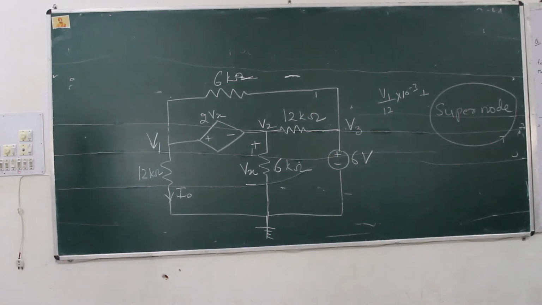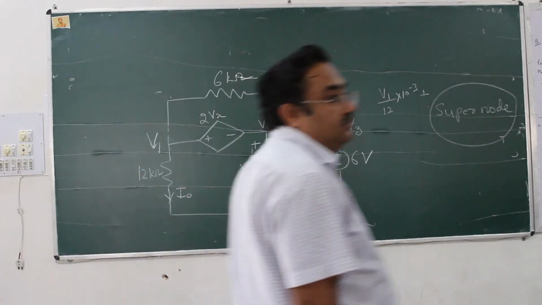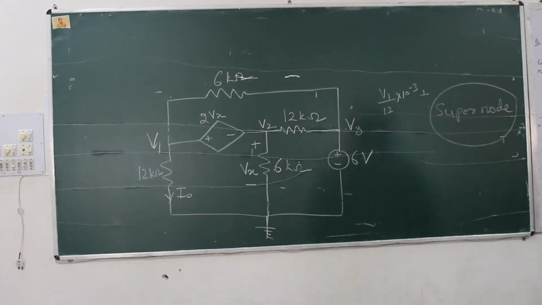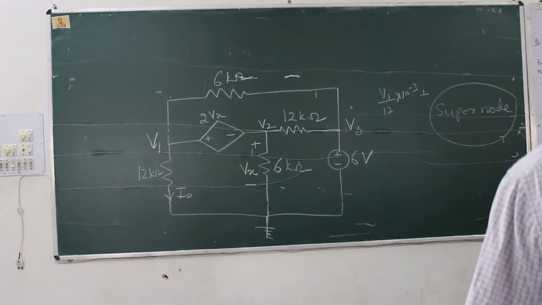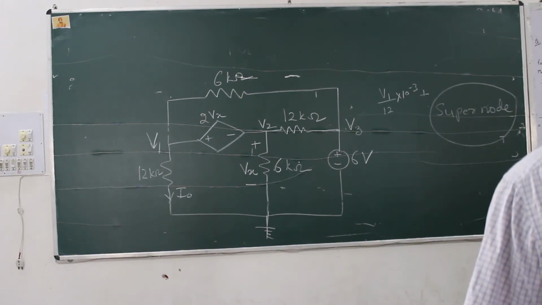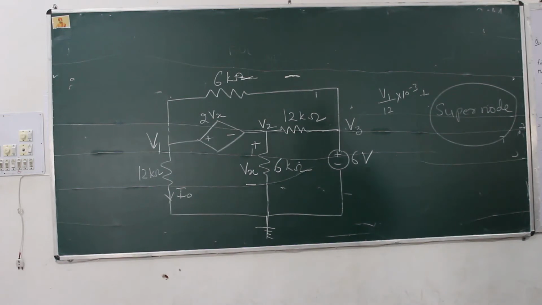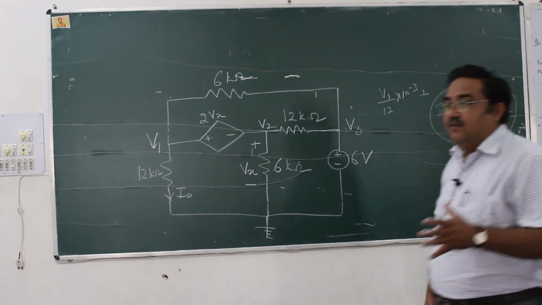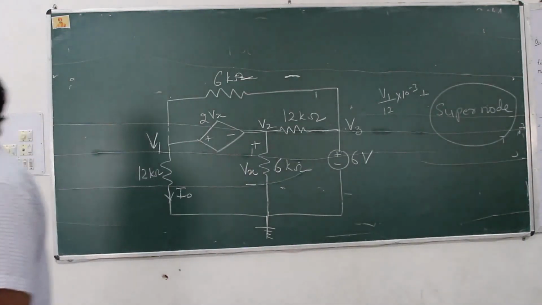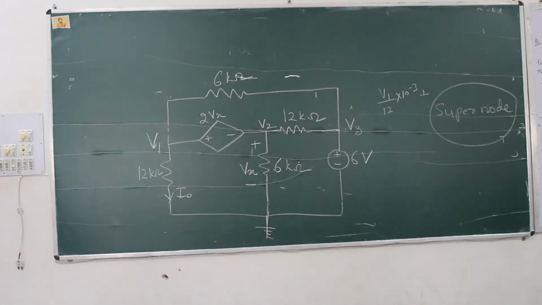What is the super node concept? What conclusion are you getting from this question? What can be a super node? Whenever a single voltage source is present between two nodes, we have to apply the concept of the super node.